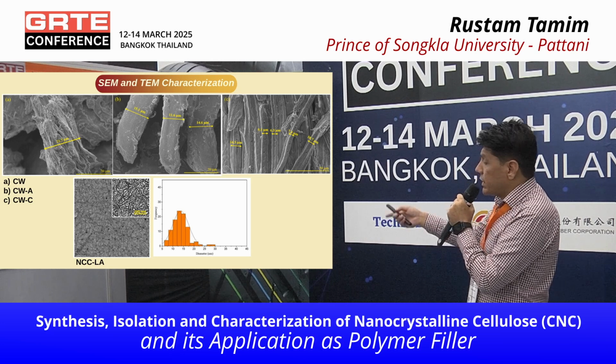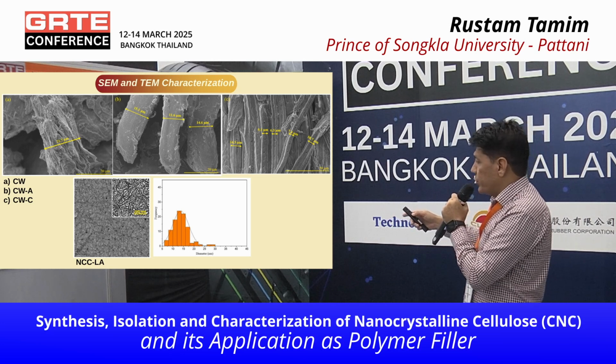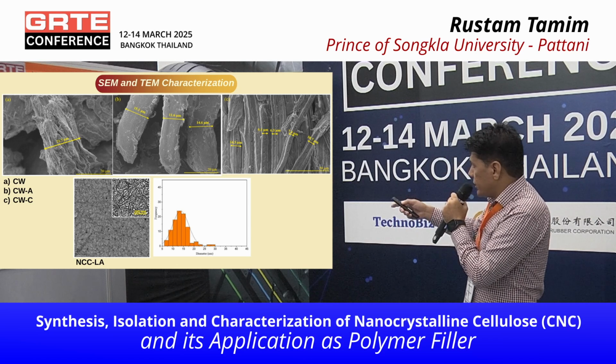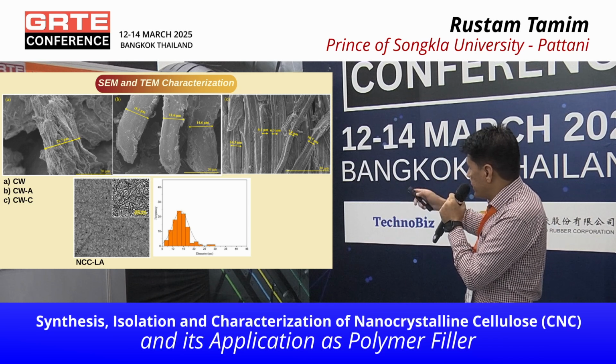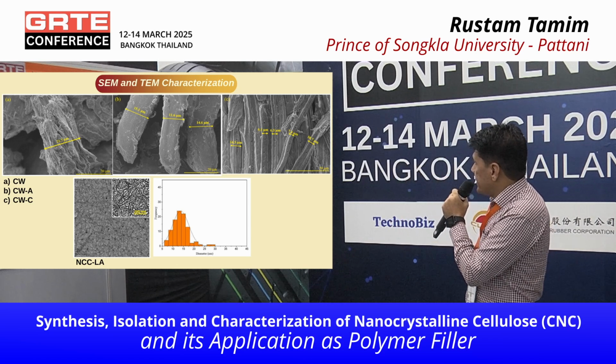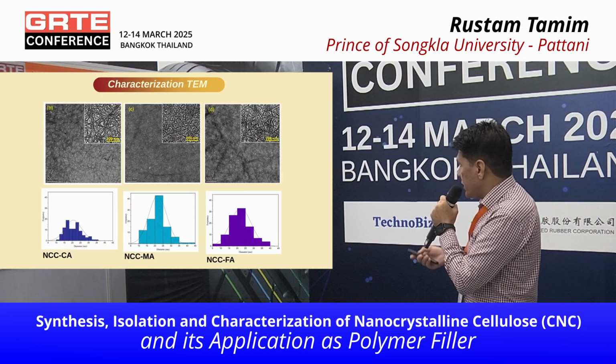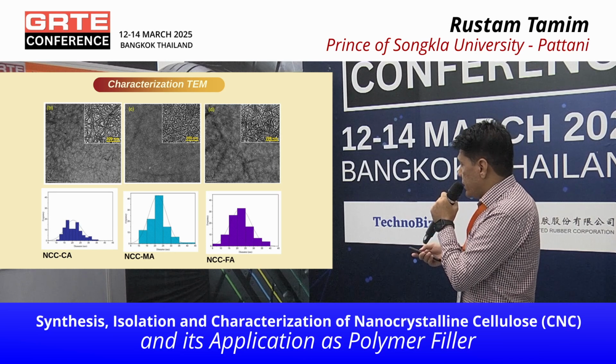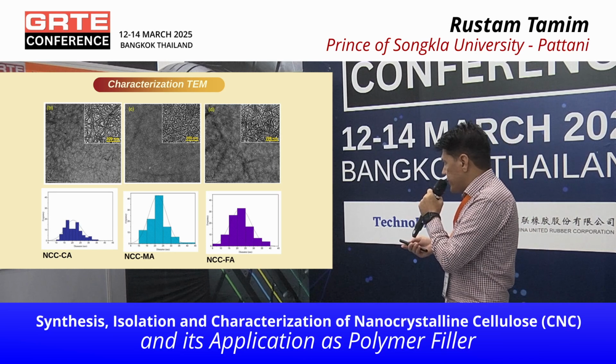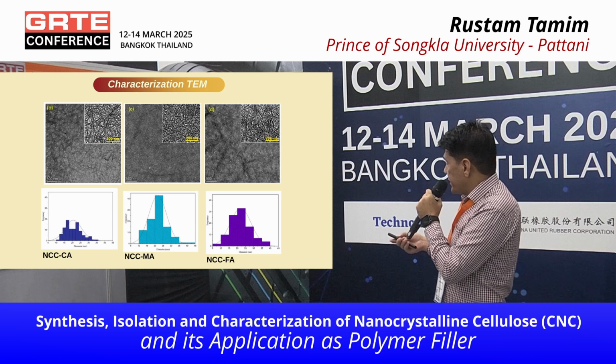It shows nanometer size, because we want to make nanometer, right? So it is 200 nanometer, but before that it is still in micrometer size. This is different with the other acids, malic acid, formic acid, and citric acid.